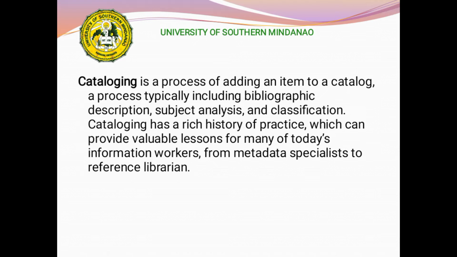Cataloging is a process of adding an item to a catalog, a process typically including bibliographic description, subject analysis, and classification. Cataloging has a rich history of practice which can provide valuable lessons for many of today's information workers, from metadata specialists to reference librarians.